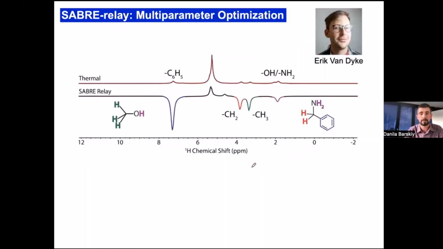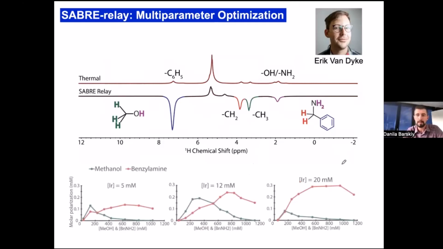And it's indeed demonstrated. So here, I just show an example of our own work, done by my student, Eric van Dijk, where we hyperpolarized and optimized hyperpolarization of methanol and ethanol by using benzylamine as a polarization transfer agent. And for this work, we used a benchtop NMR spectrometer, which is quite convenient. You can do all experiments and optimizations routinely.